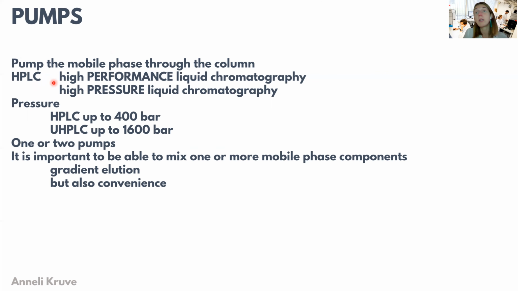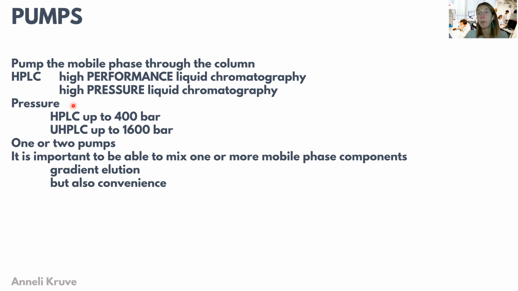But sometimes, and especially in the older literature, you can also see high pressure liquid chromatography, which comes from the fact that in analytical chemistry, we actually use these pumps to create high flow rates, and in order to achieve high flow rates, we also need to have higher pressure than, for example, in usual column chromatography, where the mobile phase is almost flowing through the system based on gravity. But here we actually want to apply high pressure to get good flow rates.